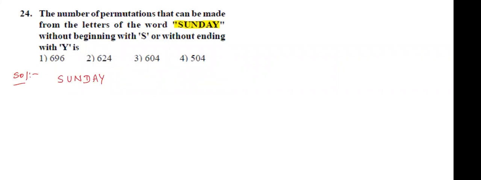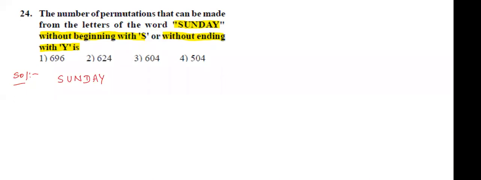Now, we need to form 6-letter words, but what is the condition? Without beginning with S or without ending with Y. That means the first place cannot be filled with S and the last place cannot be filled with Y. This is the meaning.